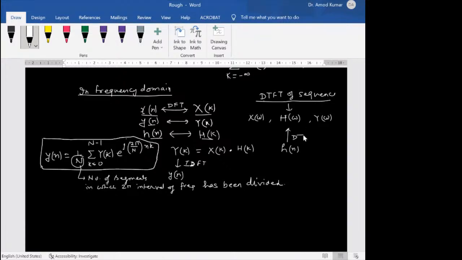Its DTFT is denoted by H omega. This is also called the frequency response of the circuit. Only I am talking about H omega now. H omega is called the frequency response of the circuit.